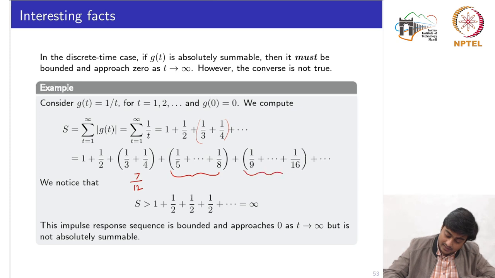Similarly, if I keep combining the elements up to t tends to infinity, I would find that this summation is greater than 1 plus every entry greater than 1 by 2. And we know that this would approach infinity. So we see here that though the signal is bounded and approaches 0 as t tends to infinity, for this particular example it is not absolutely summable, because the summation is basically infinity.